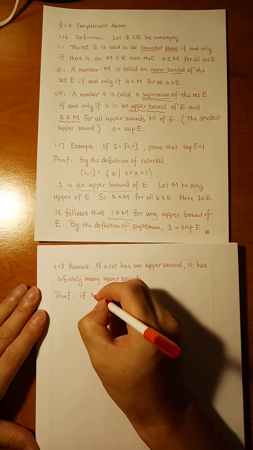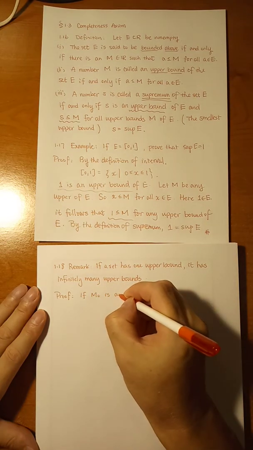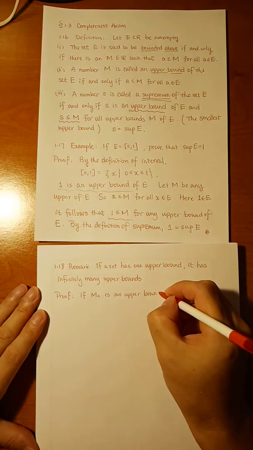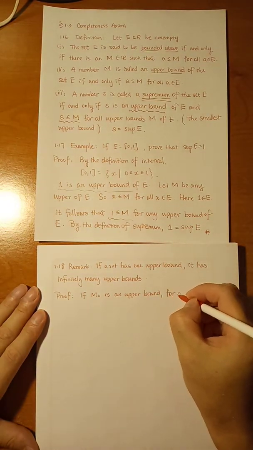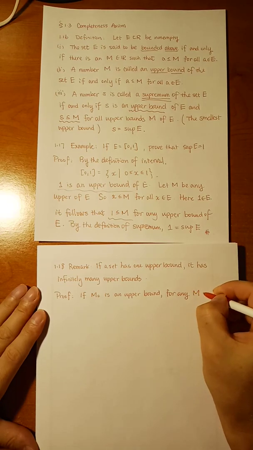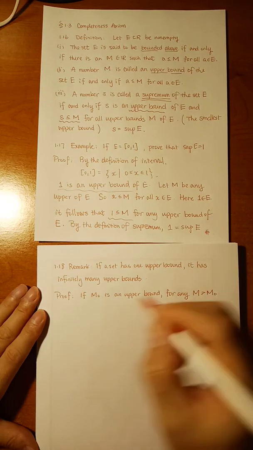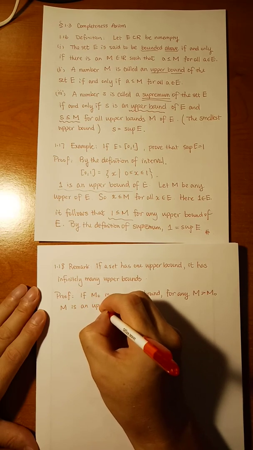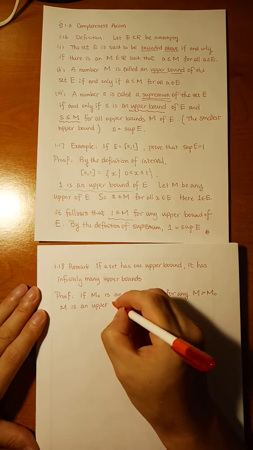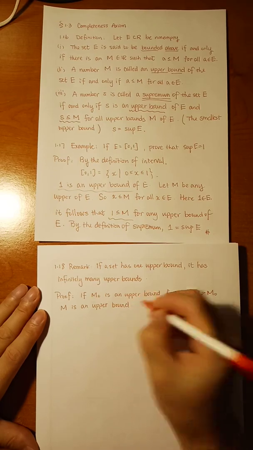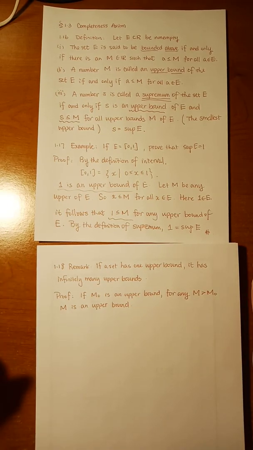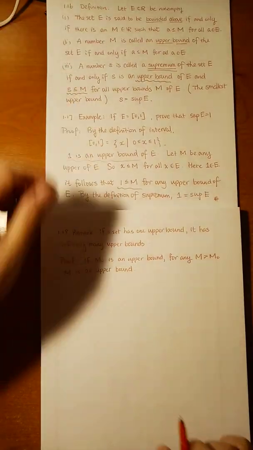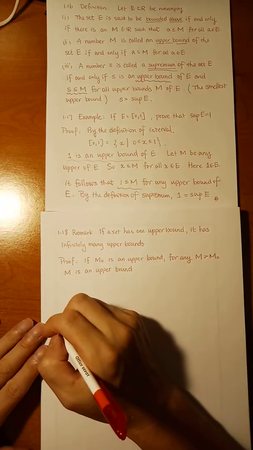So if M0 is an upper bound, for any M greater than M0, M is an upper bound. It's the transitivity of the inequality, right? Any bigger number will automatically be an upper bound. So an upper bound is never unique.